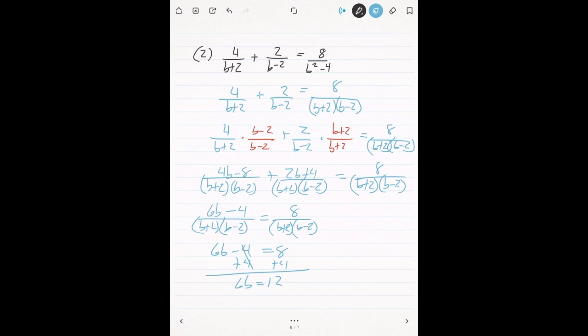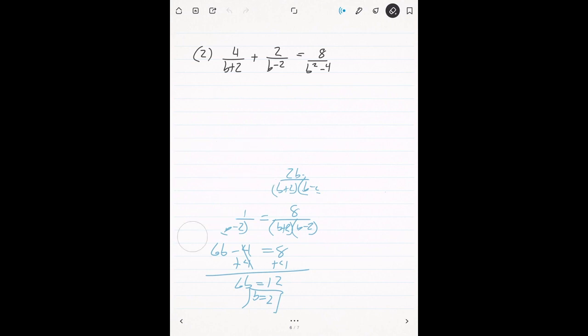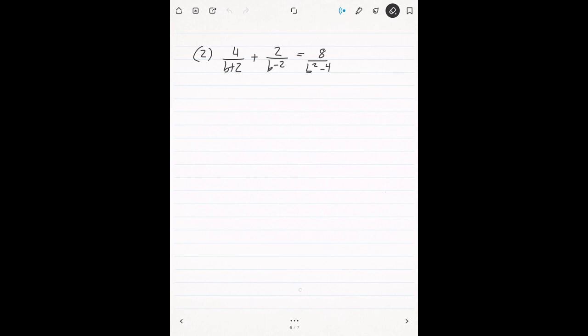Dividing by 6, we get b equals 2 as our final solution using this method 1, using this technique where we try to combine all the fractions together. What I'd like to do now is take another moment and solve this using the clearing fractions technique. I want to make sure that we can all see how both methods are solved and how both methods might be used in certain practice problems.